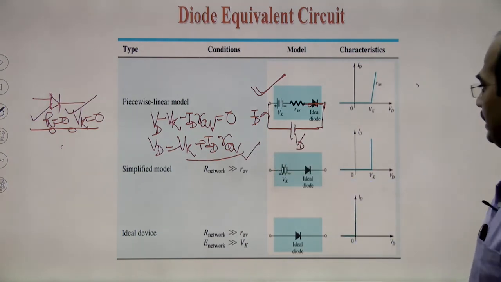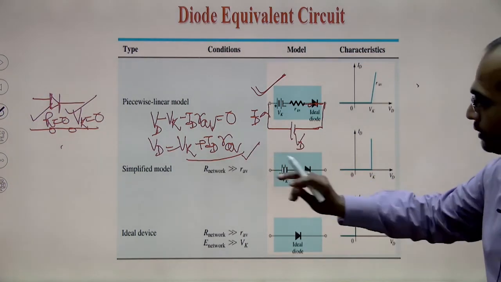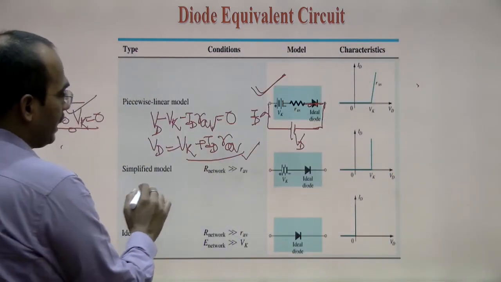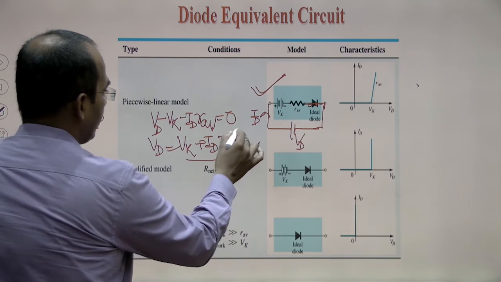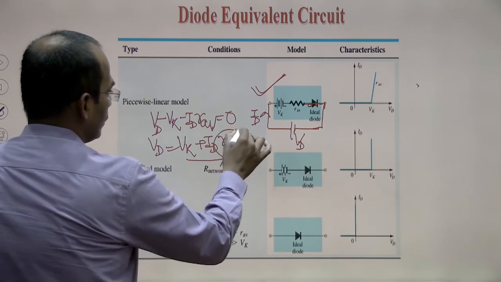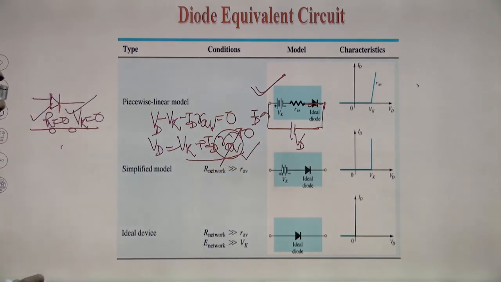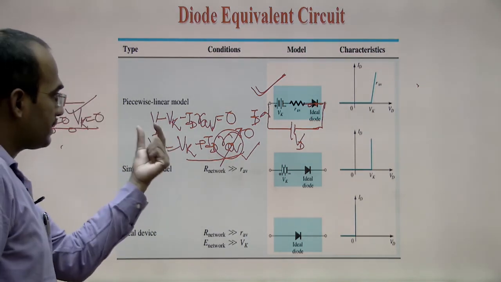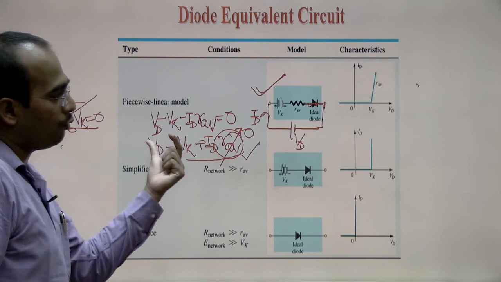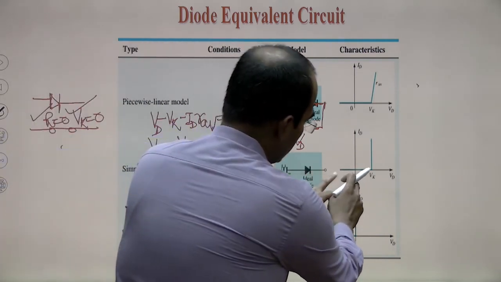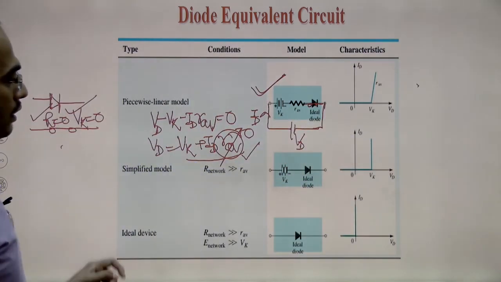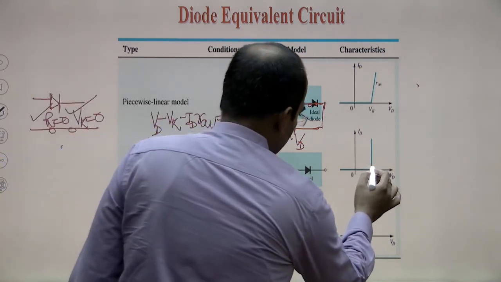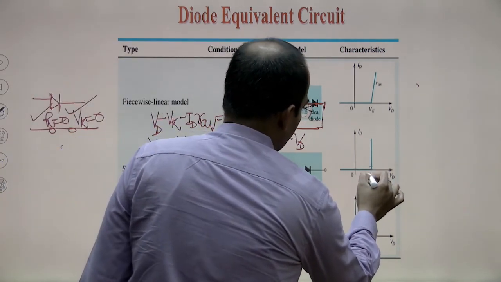In the simplified model, what have we considered? We have considered the resistance RAV equal to 0, so we consider only the cut-in potential. The diode will not conduct when the applied voltage is less than the cut-in potential.